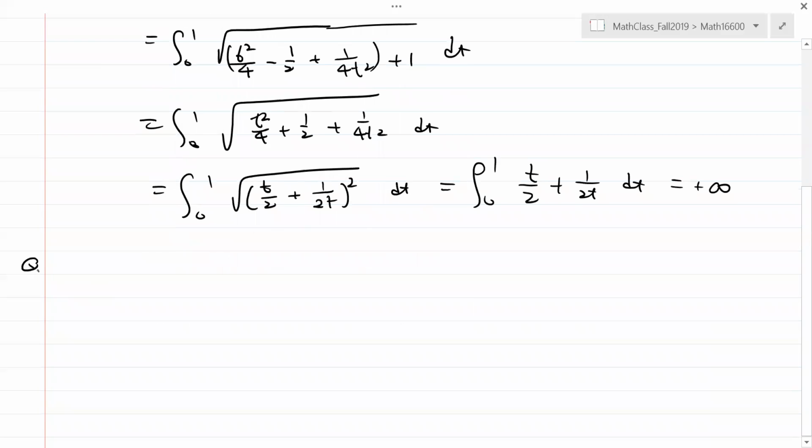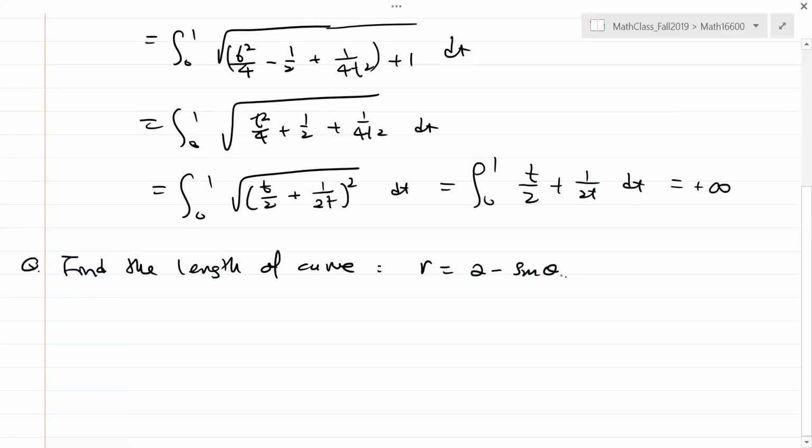The second problem: the curve is given by a polar equation. Find the length of the curve. This is determined by the polar equation r equals 2 minus sine theta.